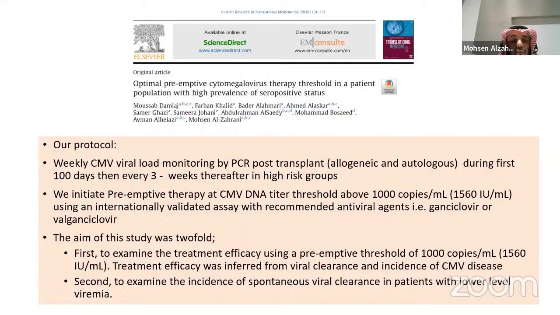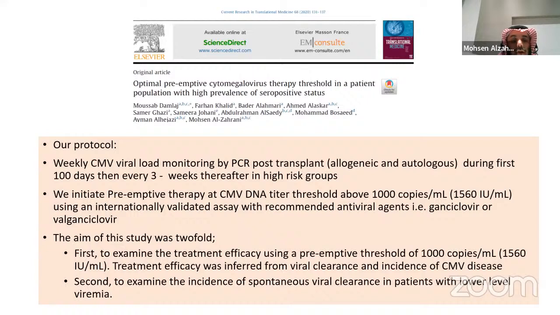We initiate preemptive therapy at a CMV DNA titer threshold above 1,000. Some centers start at 500, some centers start treatment at any positive titer, but for our patients we selected 1,000 because we have a very high rate of seropositivity in the recipients and donors.